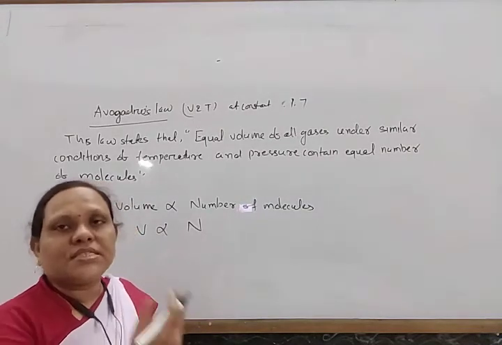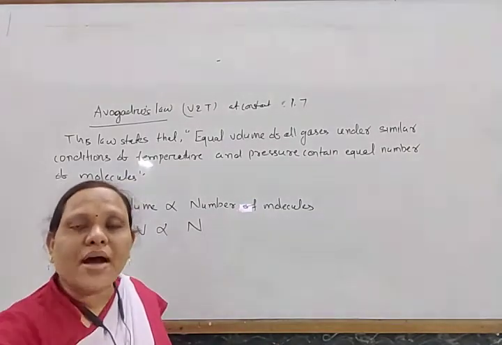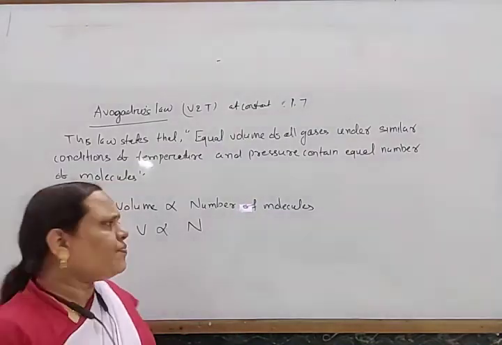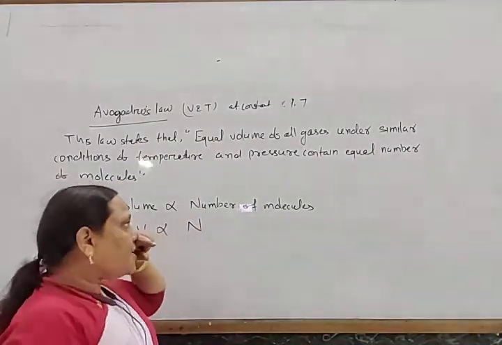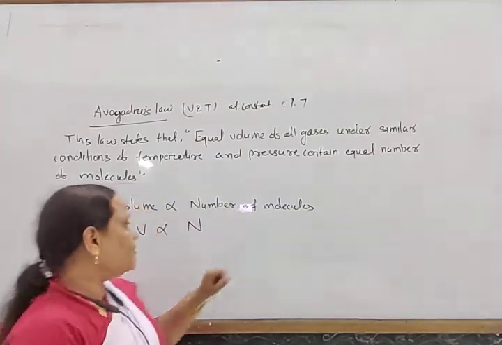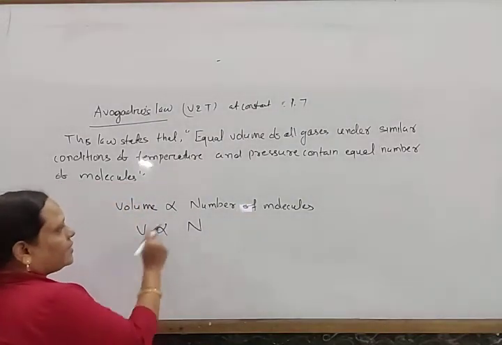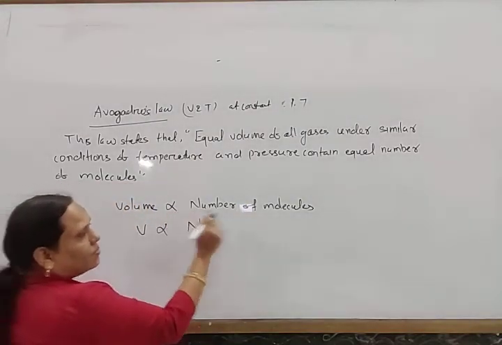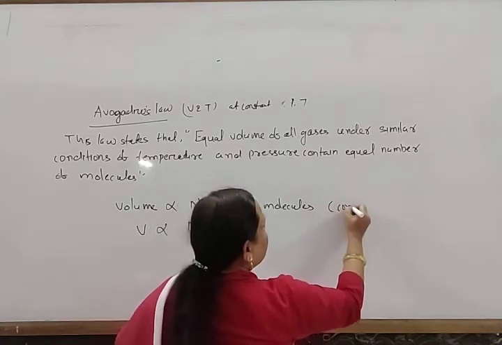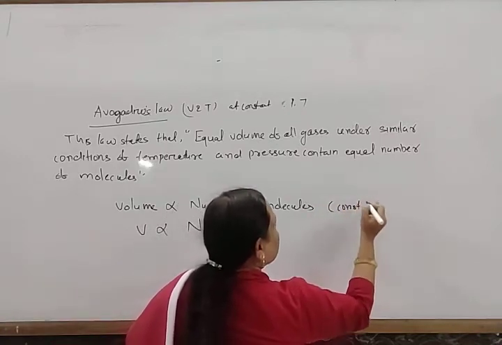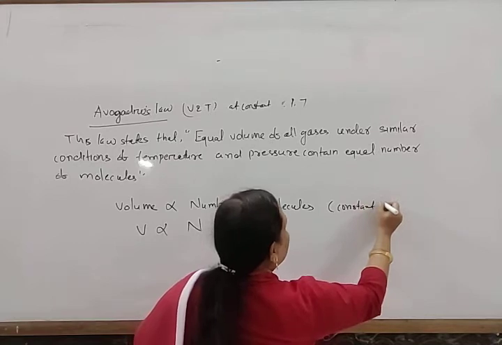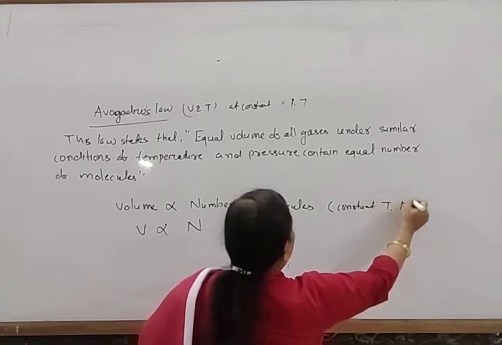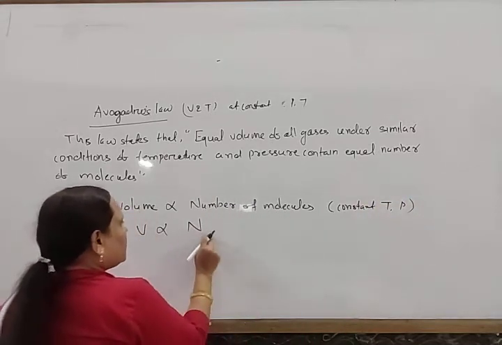Half mole means 6.023 10 to the 23 by 2. So as the mole is directly related with the number of molecules, we can write volume and number of moles, at constant T and P.